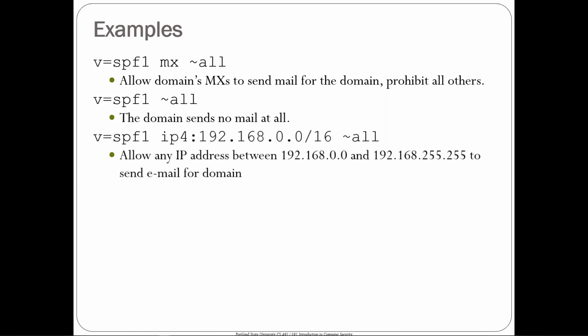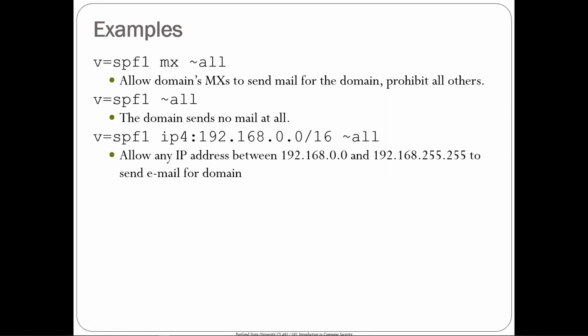Here's another one that says, everything on this subnet, allow sending. So on Portland State, say Portland State wanted to allow anybody on campus to send email as at pdx.edu, it could just do 131.252.0.0/16 and say everyone on campus can send email.